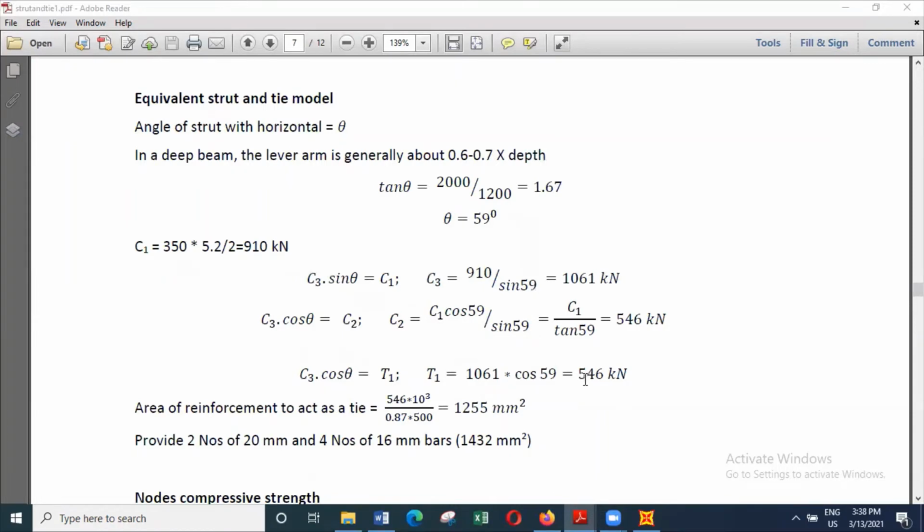So you can see how much reinforcement to be provided. The reinforcement to be provided is equal to force divided by the strength. Strength is 0.87 times 500.